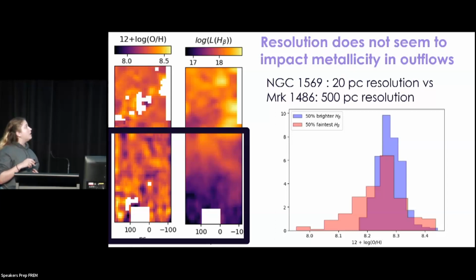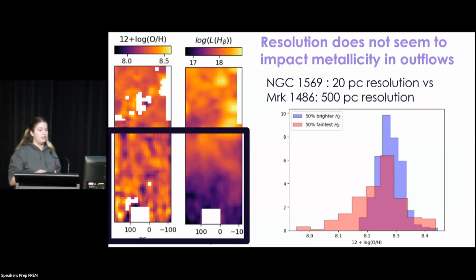And you can see that they have roughly the same metallicity, even though there is a small tail here of low metallicity for the fainter spaxels. This could be due to the entrained gas versus the outflowing gas. So that's also an interesting result of this. But essentially, since both samples have the same mean value, we shouldn't expect the lower resolution to be biased towards these really bright filaments.